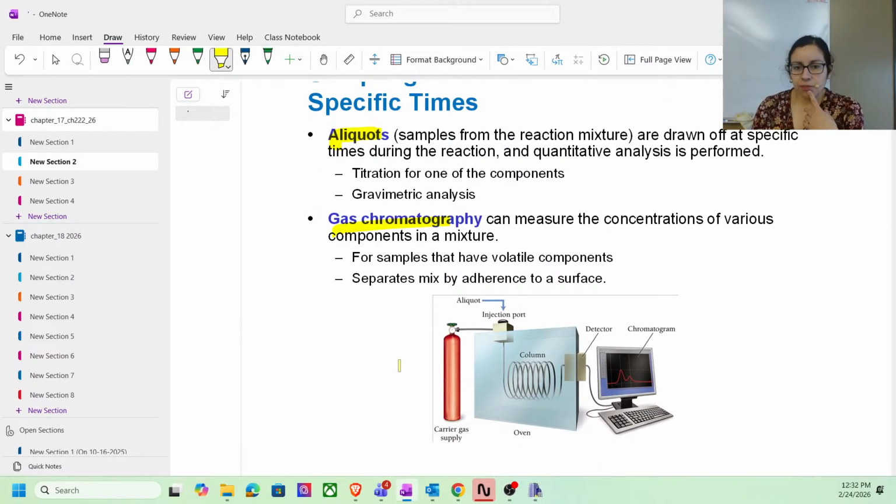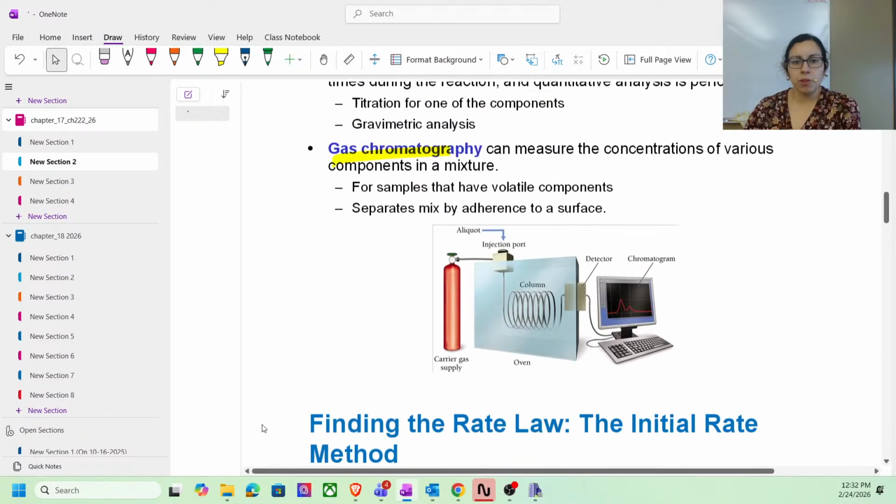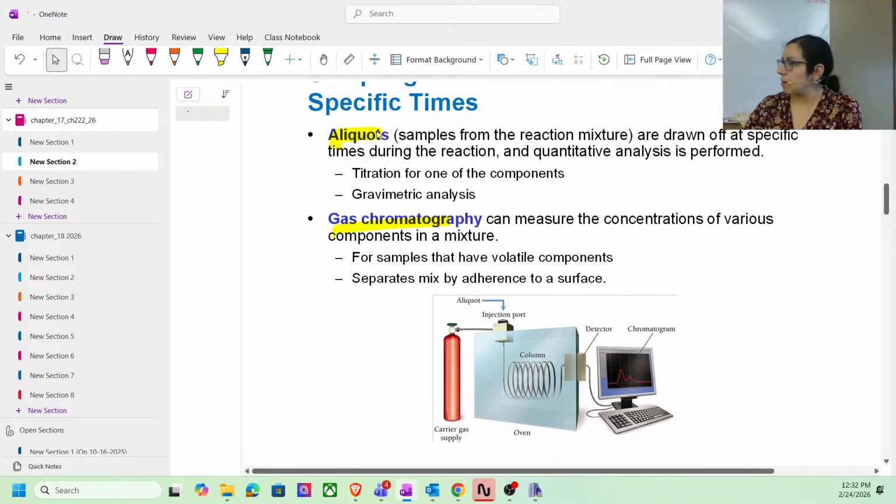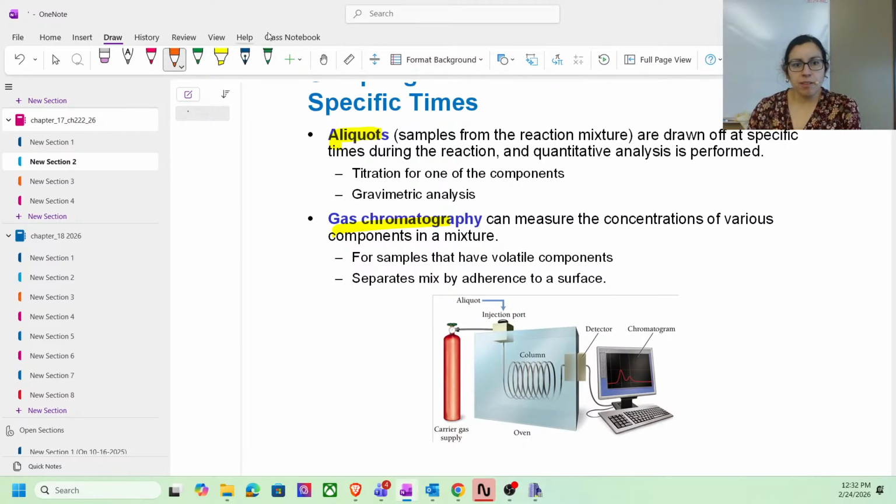Gas chromatography is a quick, easy way to get concentrations as well. Good for quick monitoring, potentially by aliquots. Aliquots just depend whether it needs a workup or not.